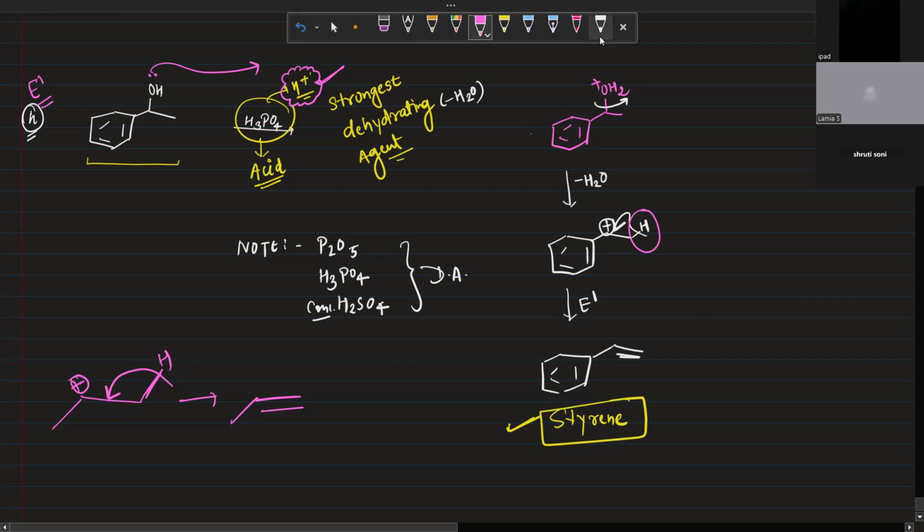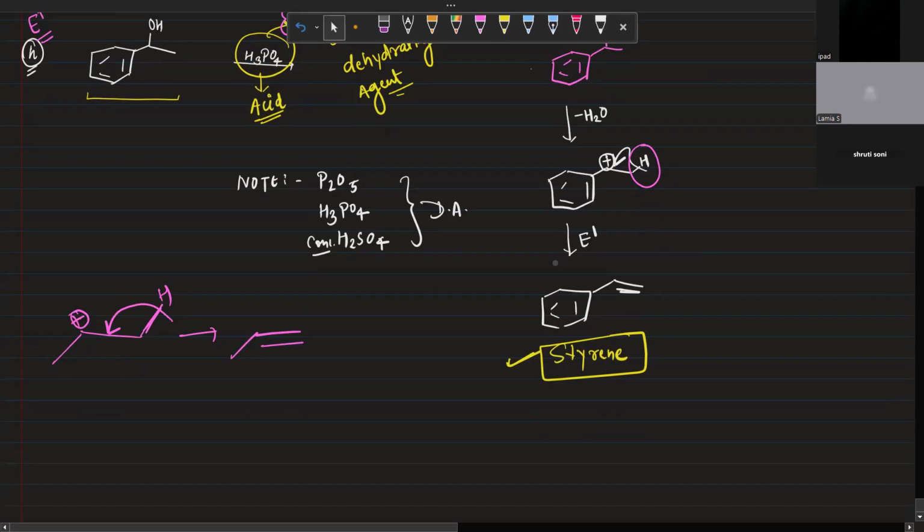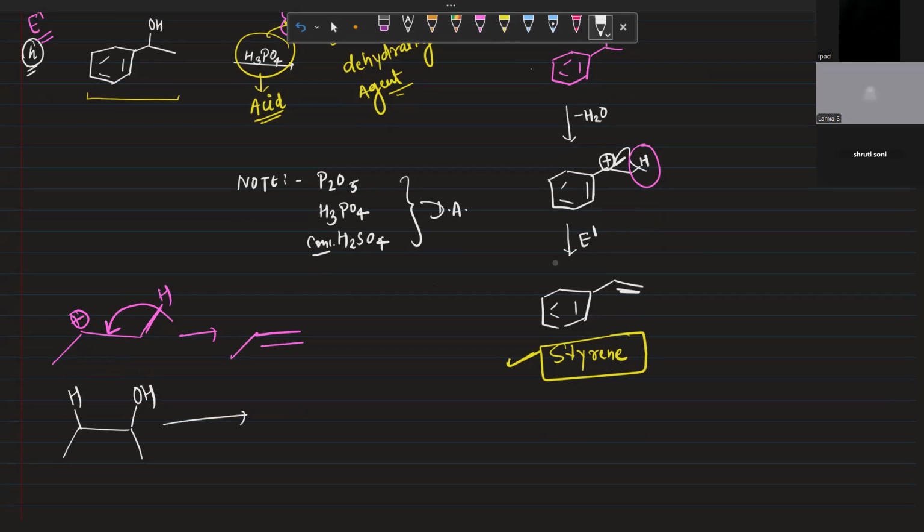Let's suppose I have one more example. If I have two elements, one OH and one hydrogen over here, in this case we need dehydration again. So what will be the process here?